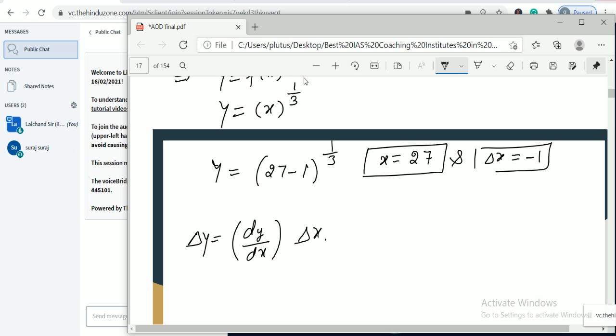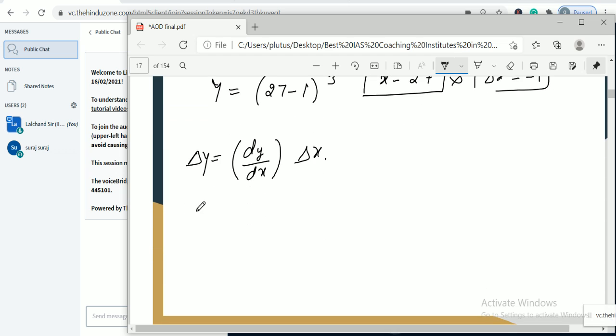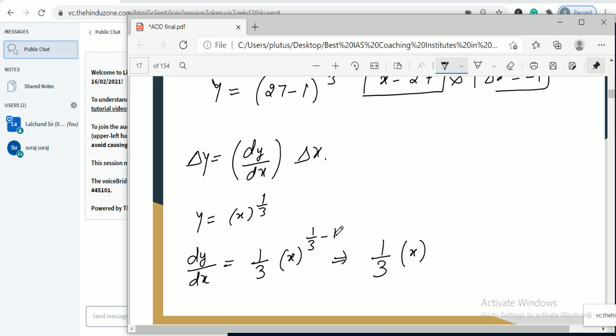Okay, look, what is the value of y? y equal to x to the power 1 by 3. This is the value of function. So if we find dy by dx, dy by dx will be 1 by 3 x to the power 1 by 3 minus 1. If you simplify, 1 by 3 x to the power minus 2 by 3, isn't it? This is the value of our dy by dx.